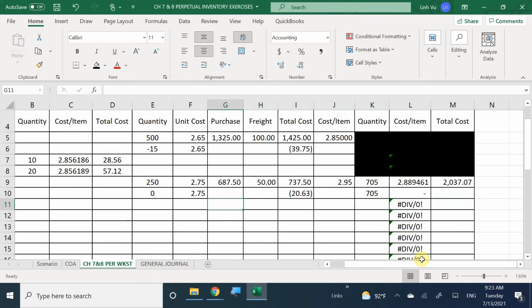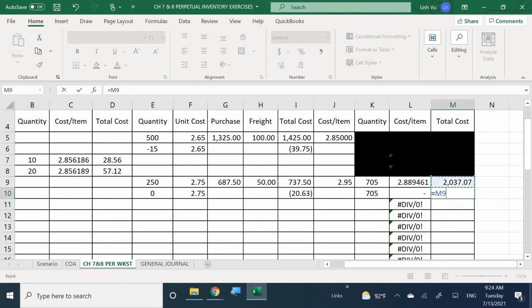So if I got money back, I need to lower my account by $20.63. So therefore, what's my new total cost?